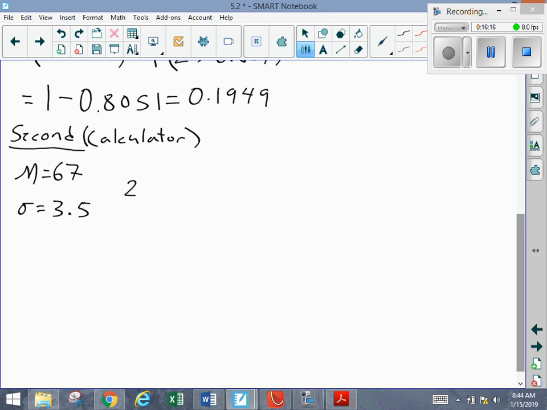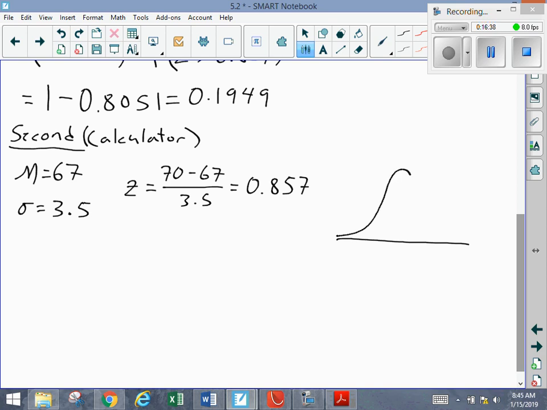You have to show that you actually did your 70 minus 67 divided by 3.5. So you've got to get this value, 0.857. And then you've also got to show a picture. You can show the standard picture, or you can show the normal distribution picture. I like to show the normal distribution picture.